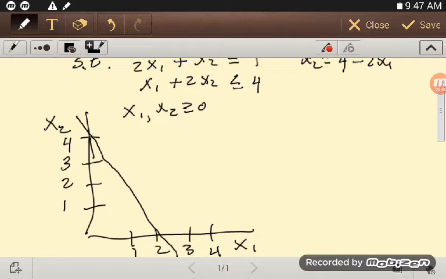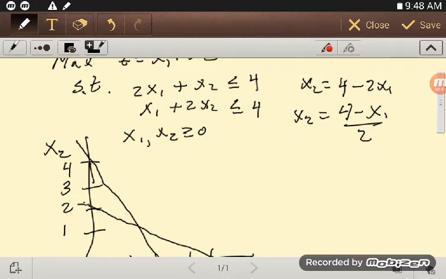And then here I would have x2 is equal to 4 minus x1 over 2, and that is that line. But now the inequality parts. With the inequality here, this is actually x2 is less than or equal to that, and x2 is less than or equal to that.